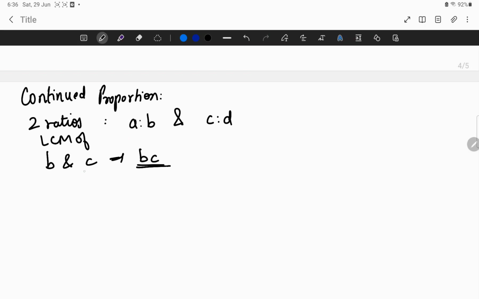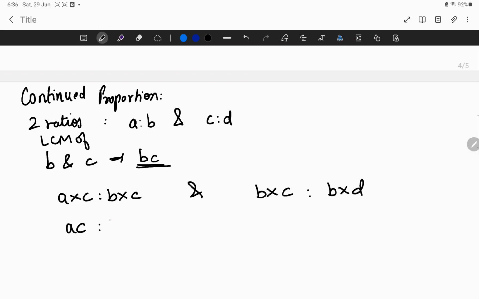So we now multiply a by c and b by c, and we multiply c to b and also d to b.